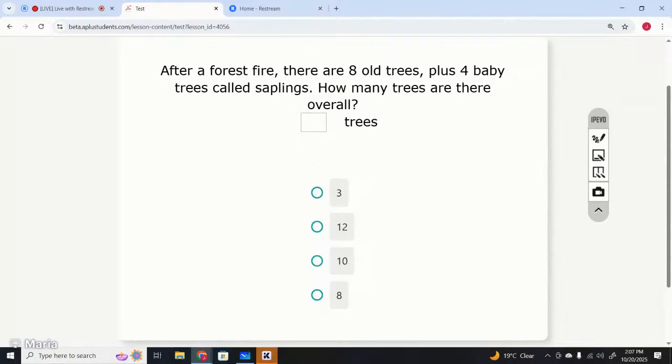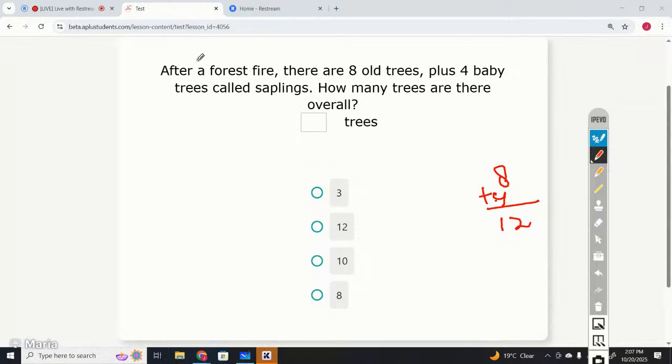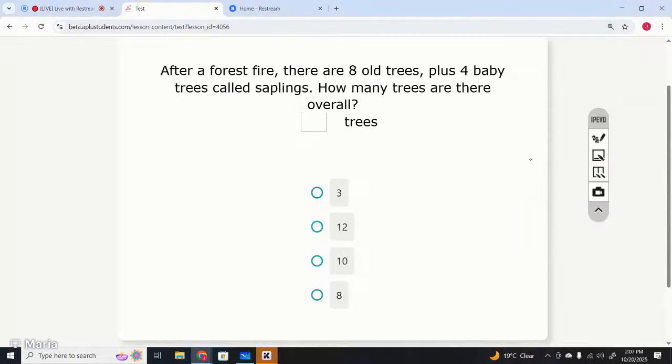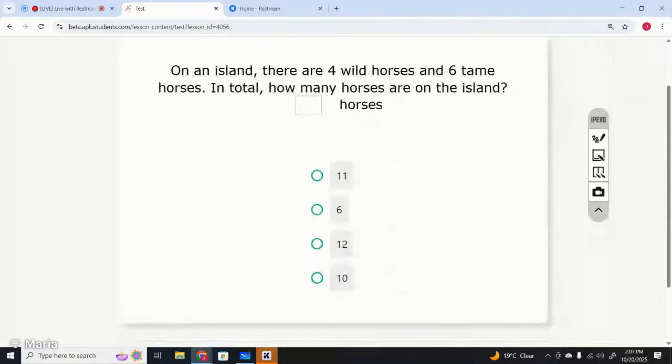So, which is the correct option? You need to calculate the total trees overall. So again, you need to add. So 8 plus 4 makes 12. Option number 2 is the correct option.